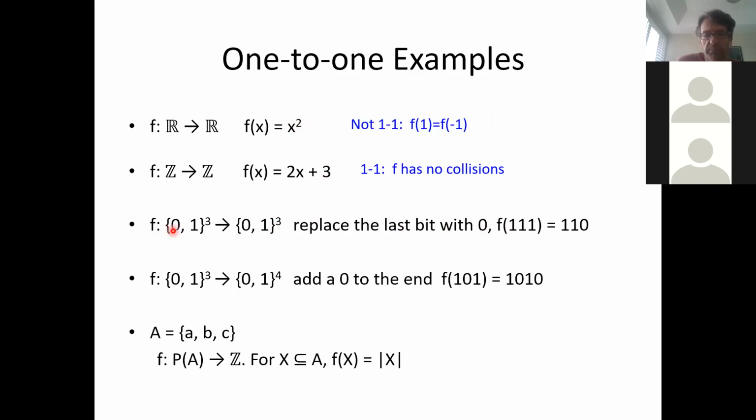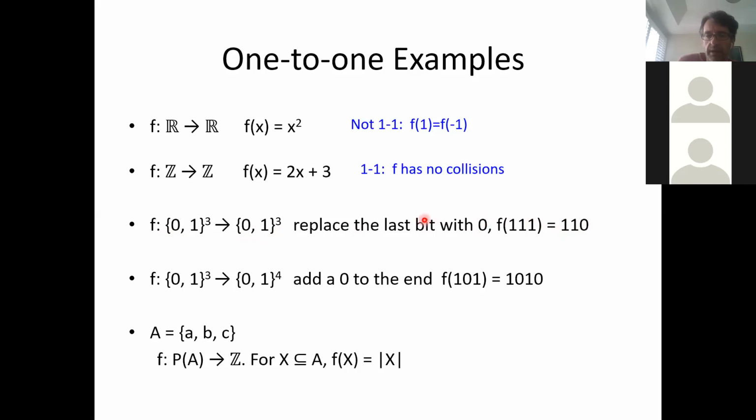Let's consider a function of bits. It assigns to every length 3 bit string another length 3 bit string. How? By replacing the last bit with a 0. So this function takes any 3 long bit string and flips its last bit. So for example, this. Is it one-to-one?